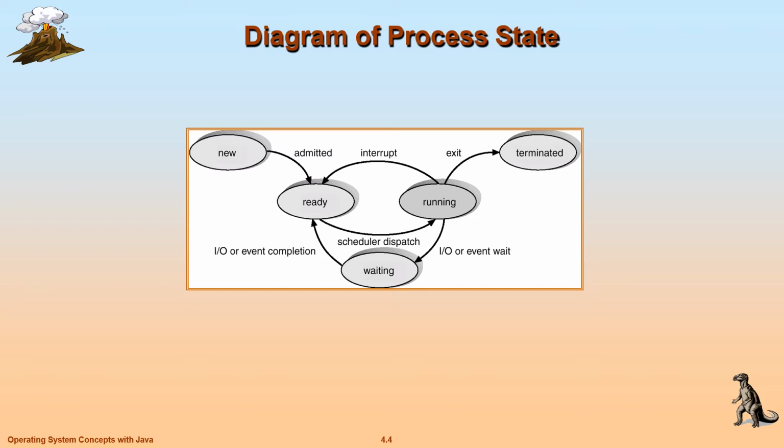Running means right now the CPU is executing this process. While running, if an interrupt happens or an operating system trap is executed, the process is sent back to the ready queue. Again from the ready queue, it is loaded into the running state.